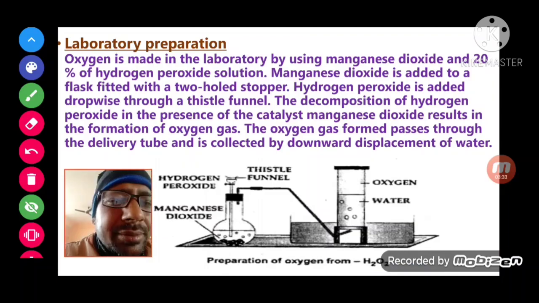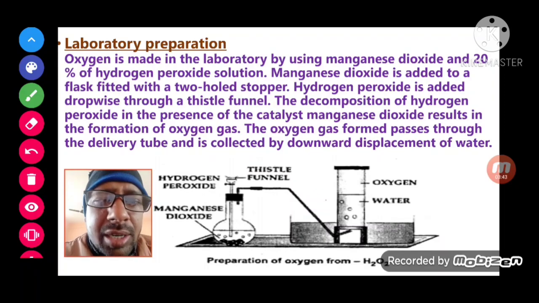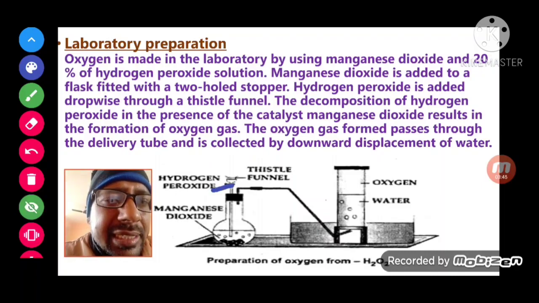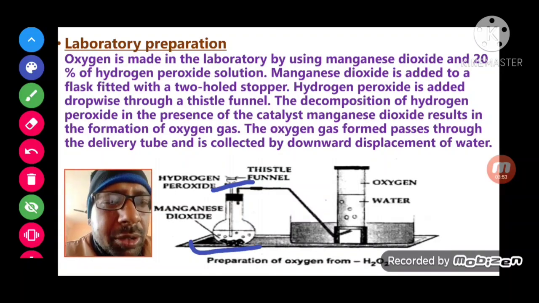And what happened during the hydrogen peroxide? Hydrogen peroxide is added drop wise through the Thistle funnel, that is called Thistle funnel. You can see there is a Thistle funnel, and you can put the hydrogen peroxide drop by drop in round bottom flask, that is called round bottom flask.